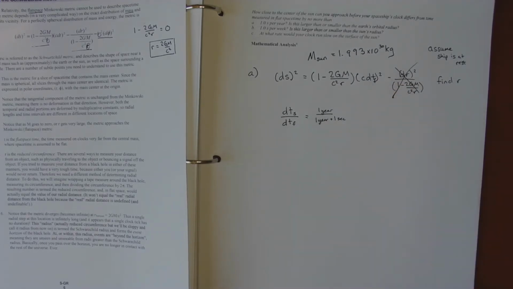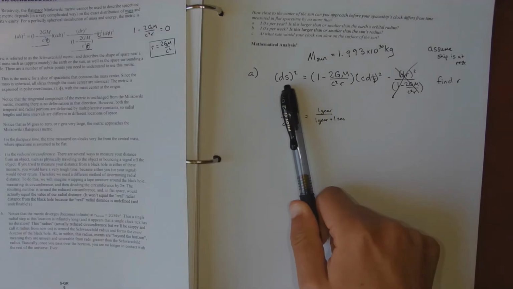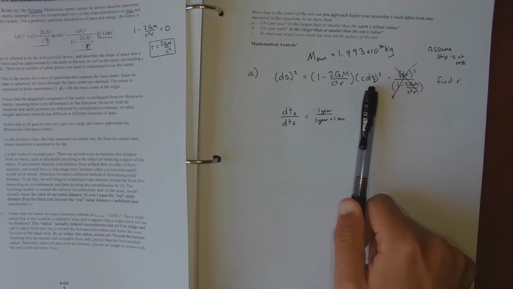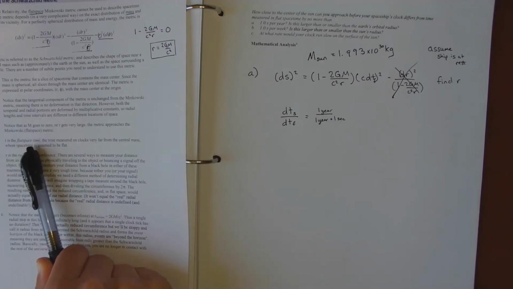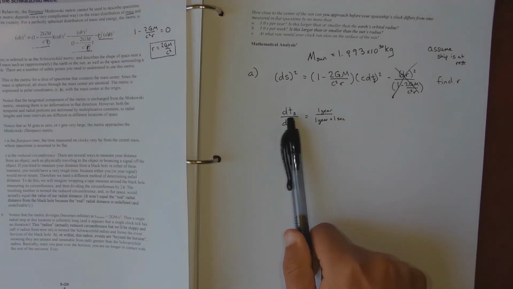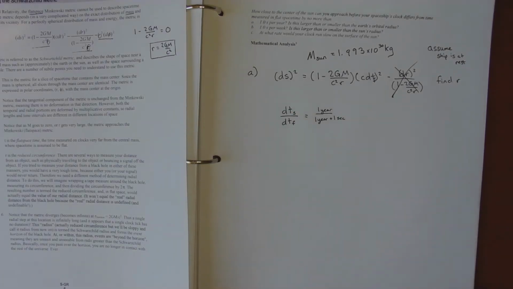But I also know that this interval ds squared should be the same for everybody. So I used it here with a time for flat space because t is the flat space time. So now I have to find another equation which uses the time on the spaceship to find ds squared. Now here's the thing that gets a little tricky.